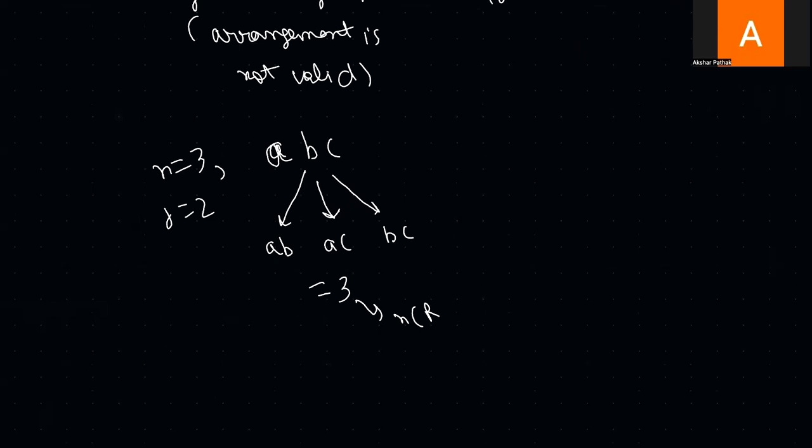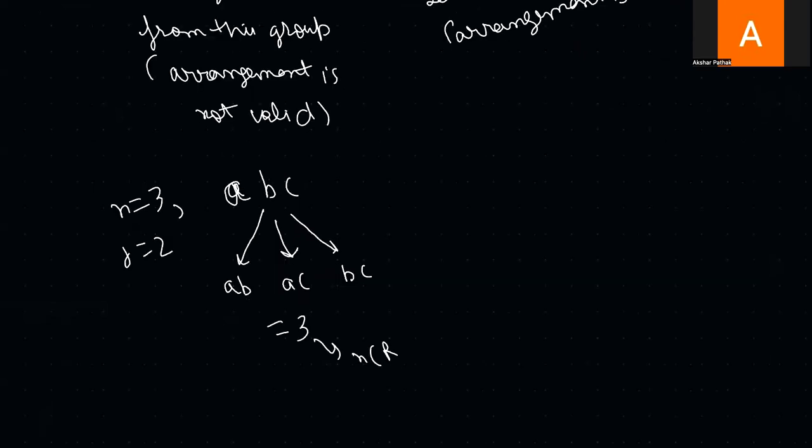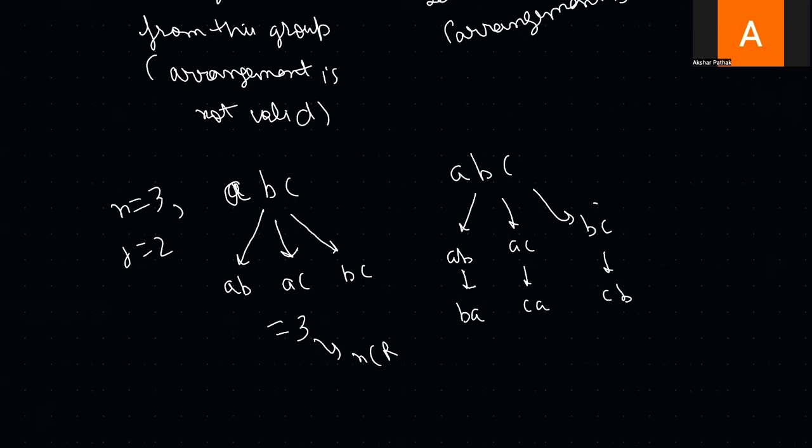But how does nPr work? You selected AB, AC, BC, but after selecting, you also permuted them. Okay, permuted means you also arranged them.